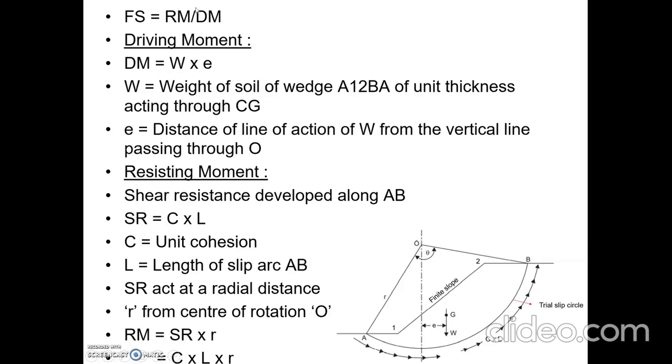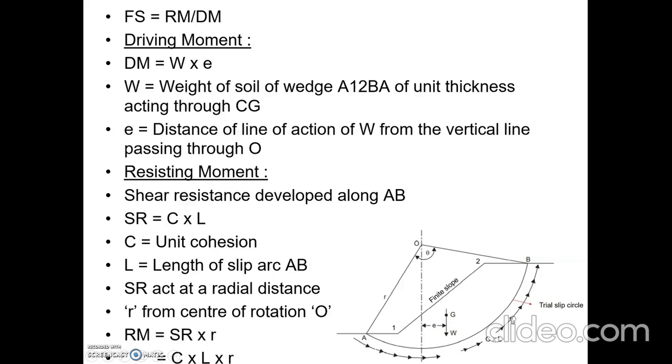Now we need to know what is resisting moment. Resisting moment is again force into distance. So force here is nothing but the shear resistance which is developed along AB. That means driving moment is acting downwards, whereas here we can see with this arrow that the shear resistance is acting upwards.